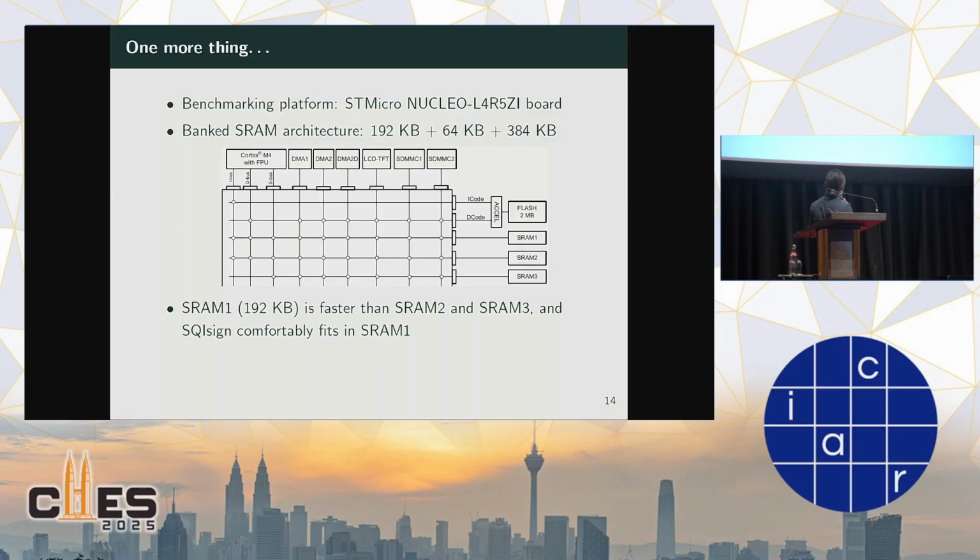And then we also realized that the SkiSign verification, mind you, because signing is not available in Cortex M4 yet, sits perfectly well on the first bank, meaning on the fast one. Then in order to force the execution to happen only in that bank, we just need to do some small configuration, nothing really scary or difficult.